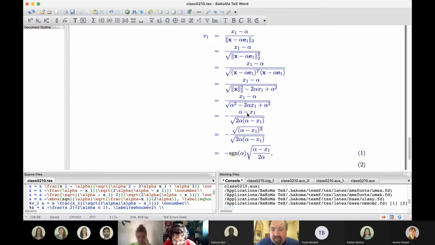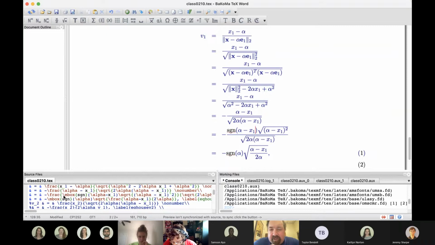That's not alpha minus x1. That's the absolute value of alpha minus x1. I also would have to introduce the sign of alpha minus x1. Okay.